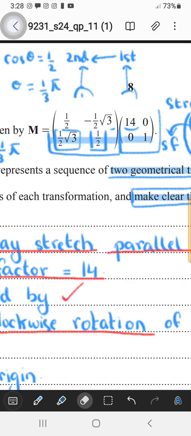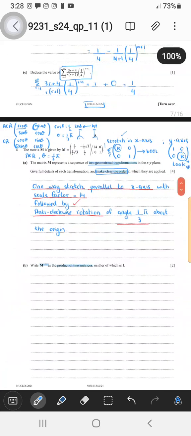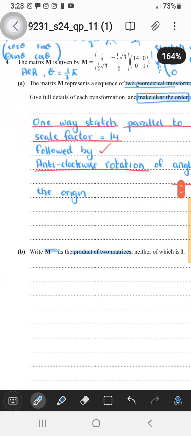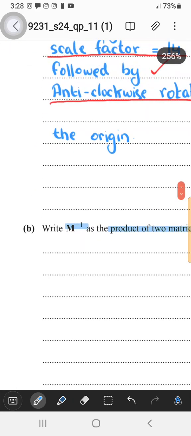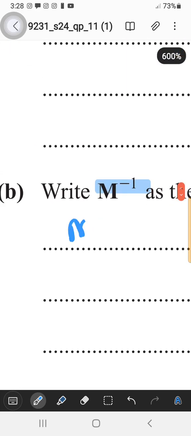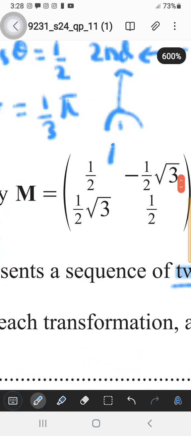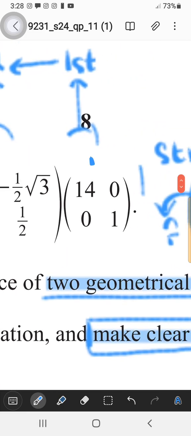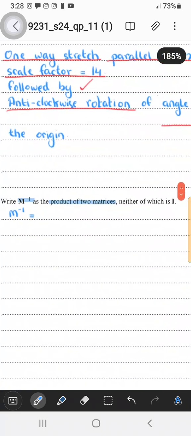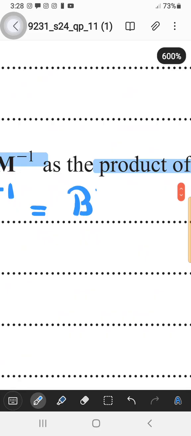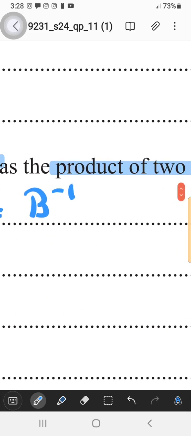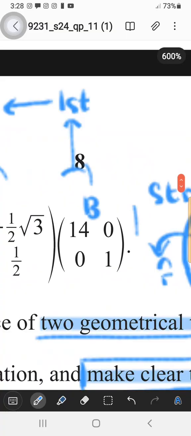When it says product of two matrices, we will write M inverse as, let's say this is A and this is B, M inverse will be equal to B inverse and A inverse. First we will write the inverse of this.